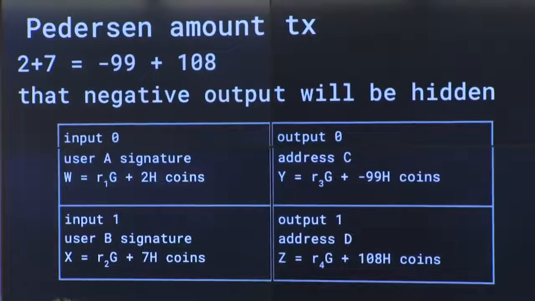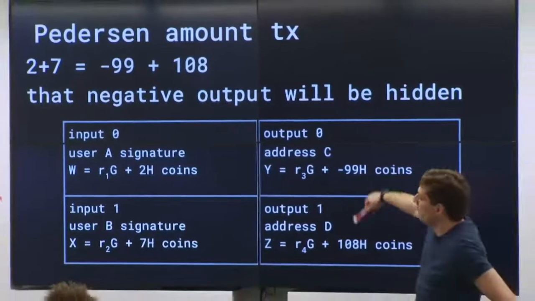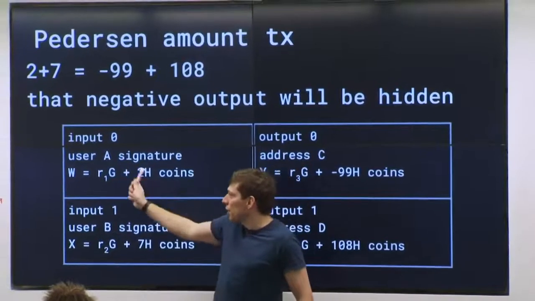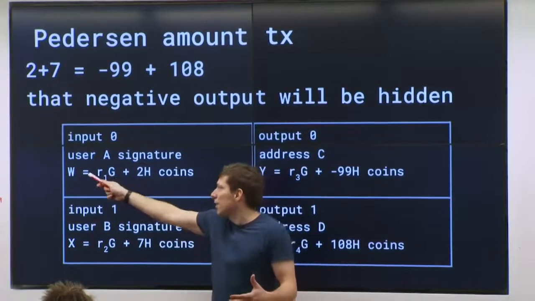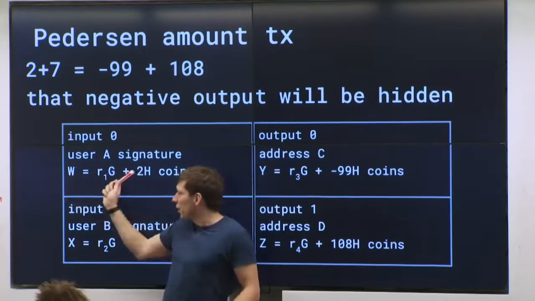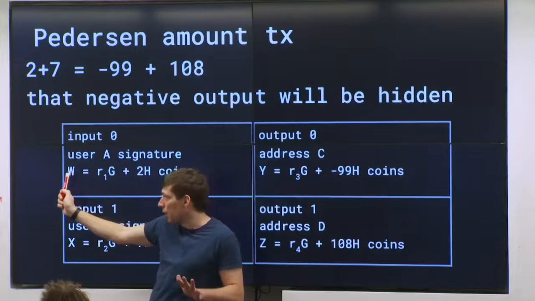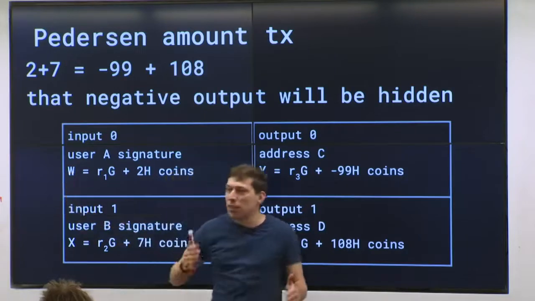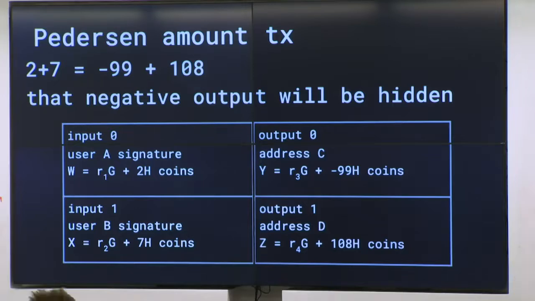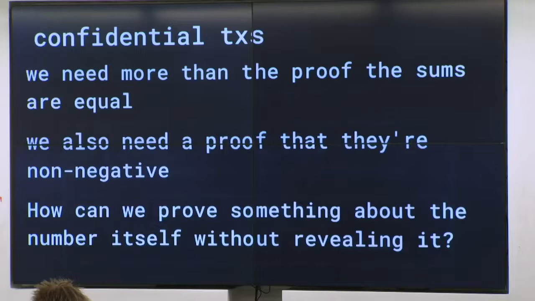We have to prove individual numbers' ranges. So there's a 2h in there. I can't show you it because I'm just committing a w, but I want to somehow show you that the v here, which happens to be 2, but I'm not going to tell you, is within a small range, without revealing it. Tricky.